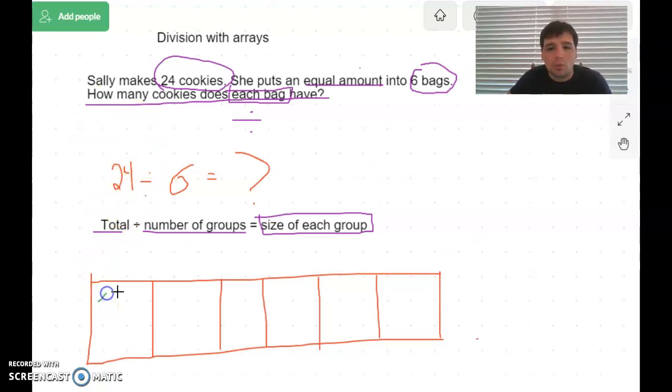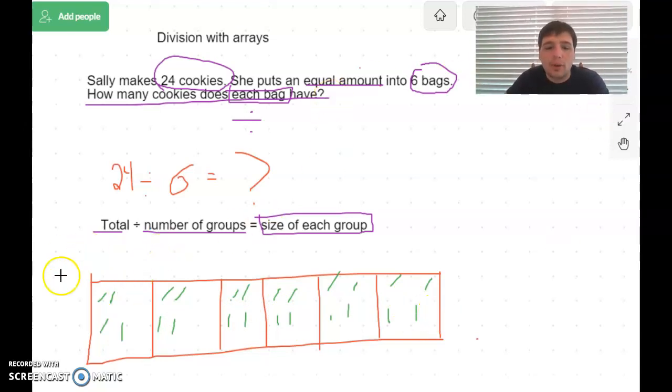So here's 1 cookie, 2, 3, 4, 5, 6. I'm putting 1 in each until I get all the way to 24. 7, 8, 9, 10, 11, 12, 13, 14, 15, 16, 17, 18, 19, 20, 21, 22, 23, 24.